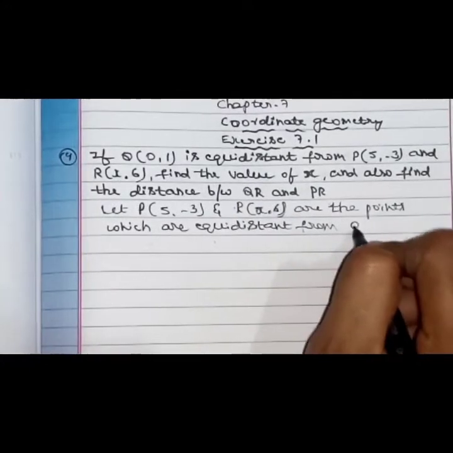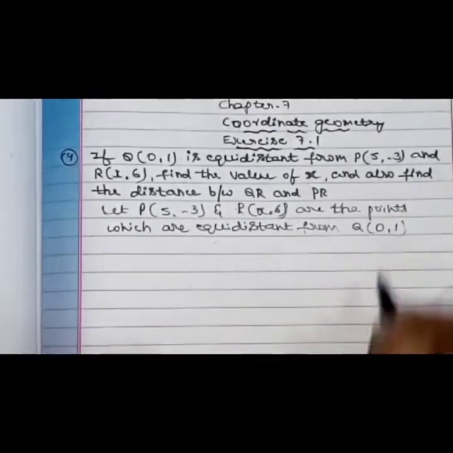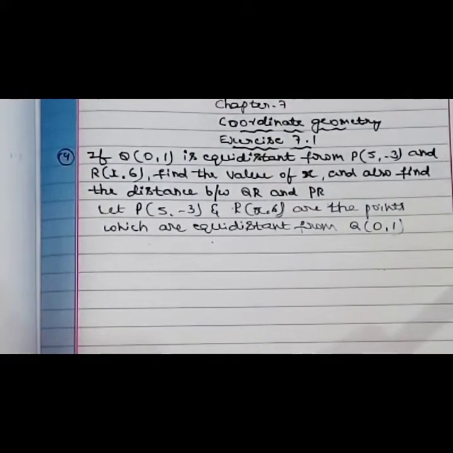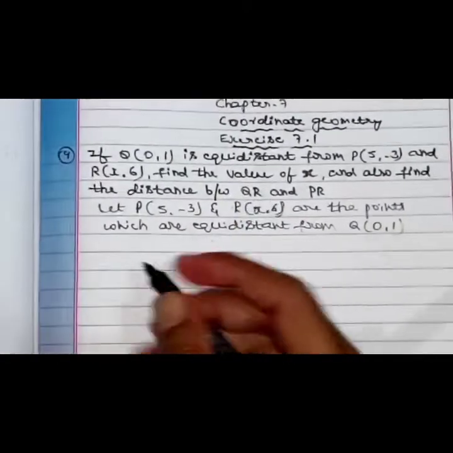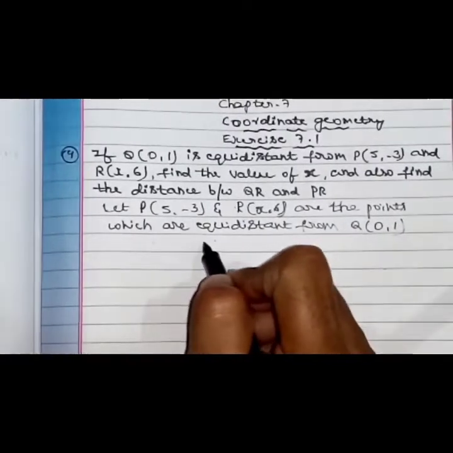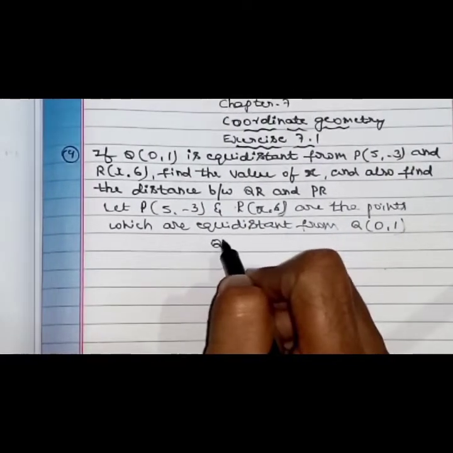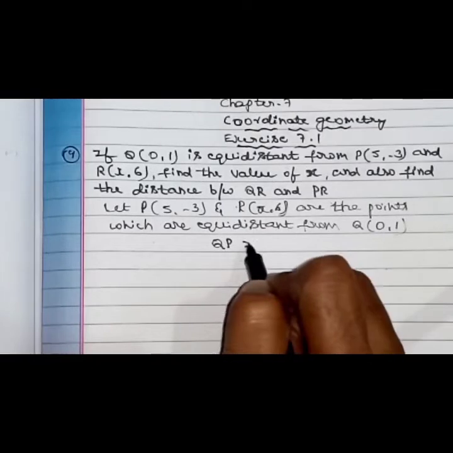Nothing but Q of (0, 1), right, children? Now as per the given question or the condition we can write like this: QP is equal to QR.